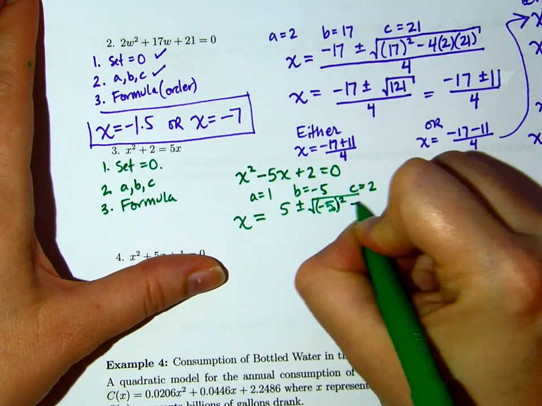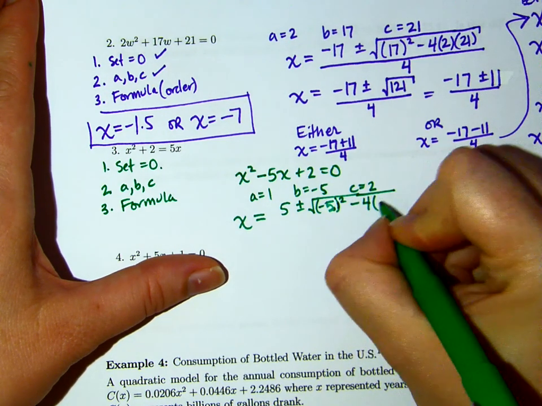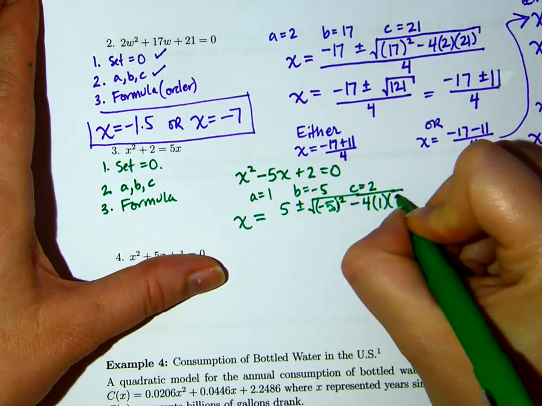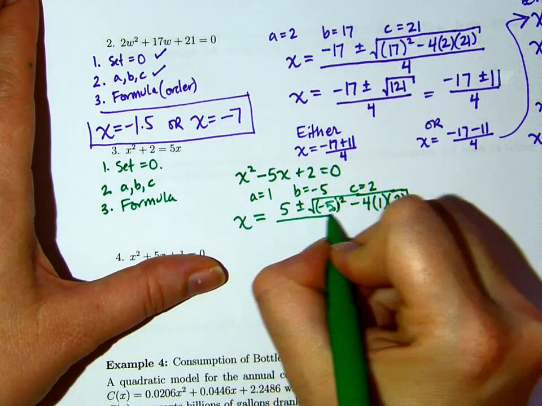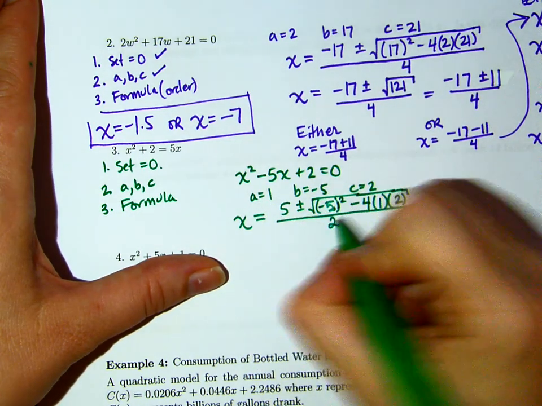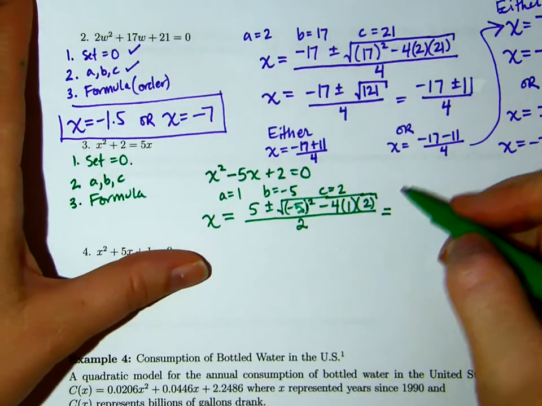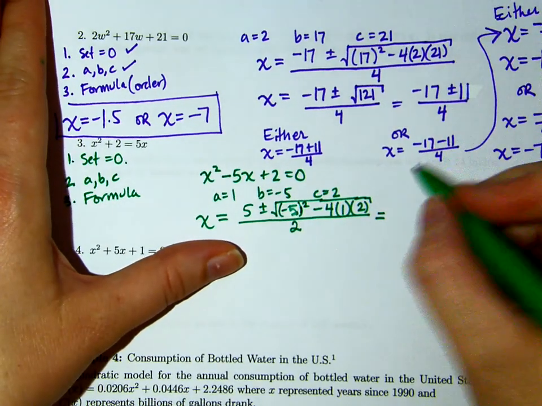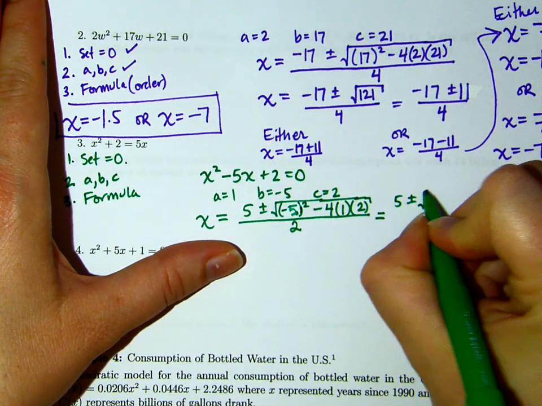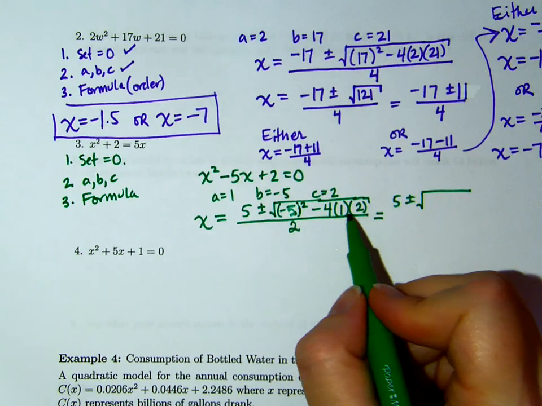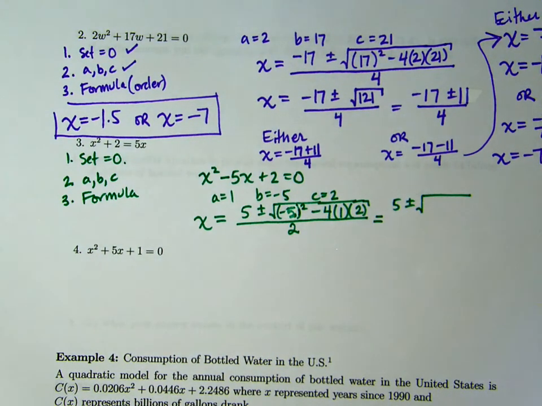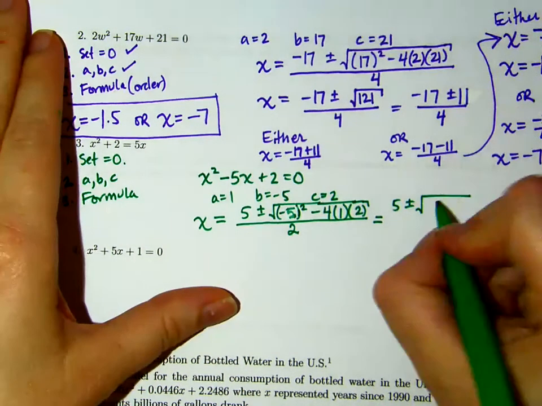Negative 5 squared minus 4 times A, which is 1, times C, which is 2. All over double this A, is 2. Okay. Radicand. 5 plus or minus. What's 25 take away 8? 17.